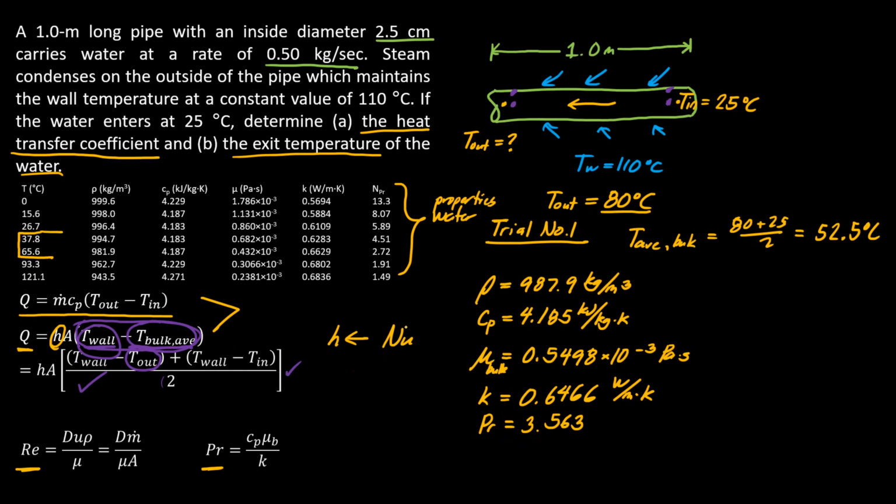In order to get the H for later use, we need to use an empirical equation for the Nusselt number. But to decide which of the empirical equations available out there we are going to use, we need the Reynolds number. And Reynolds number is the pipe diameter times the velocity times the density divided by the viscosity at bulk temperature.